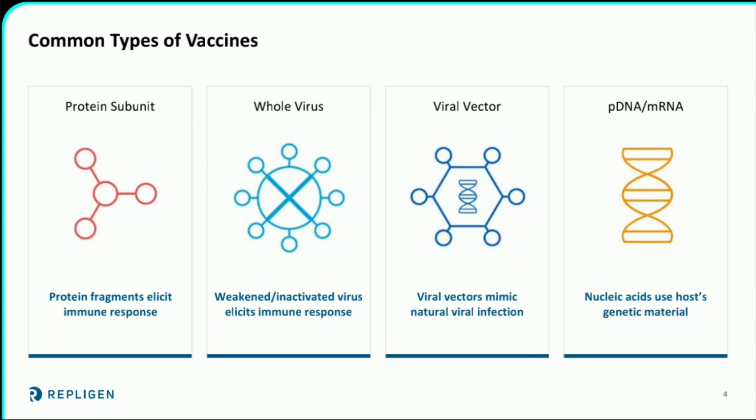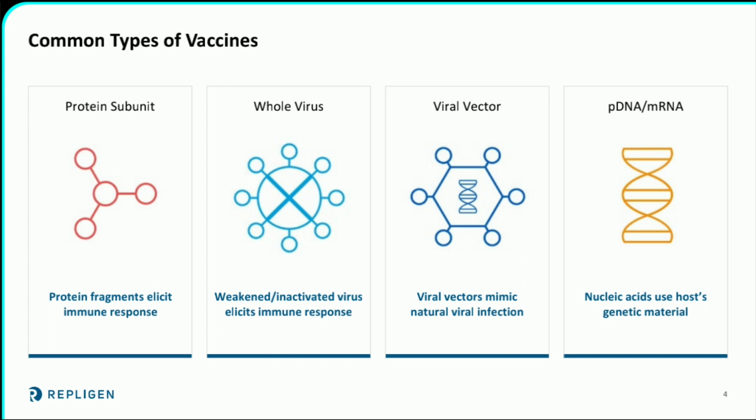So today these are the common types of vaccines, starting with protein subunits, which are just fragments of the pathogen that can trigger an immune response. You can also use either a weakened or an inactivated whole virus, which can elicit immune response. You can also use a viral vector, such as AAV.